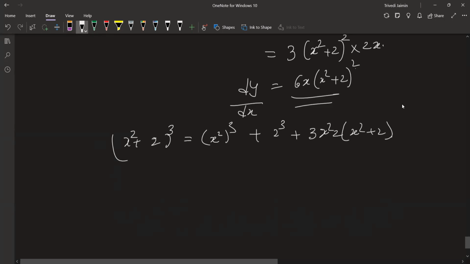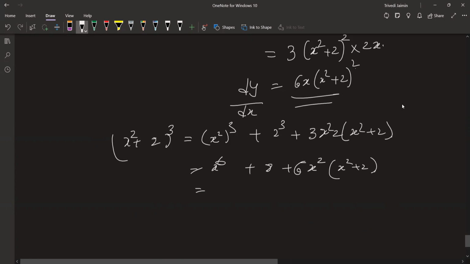That means 2 and 3, 6. Plus 8. And plus 3x cubed, 6x to the 4, sorry, and x square plus 2.